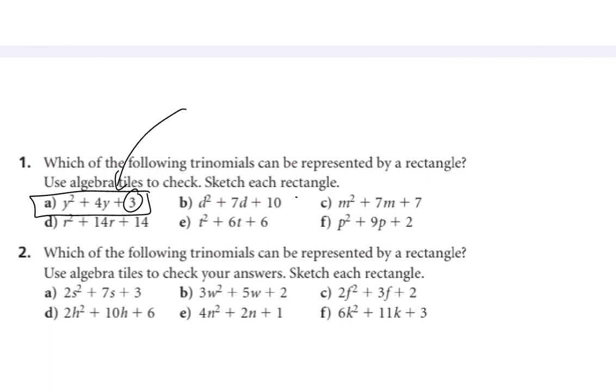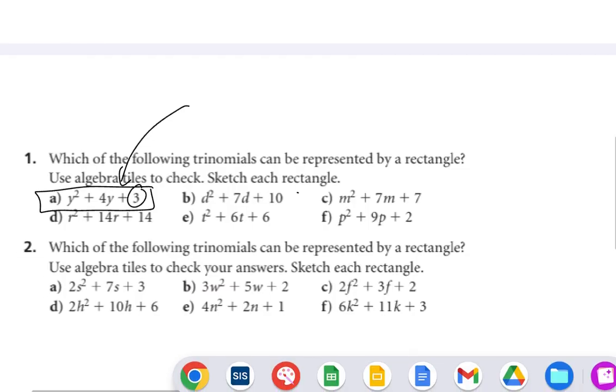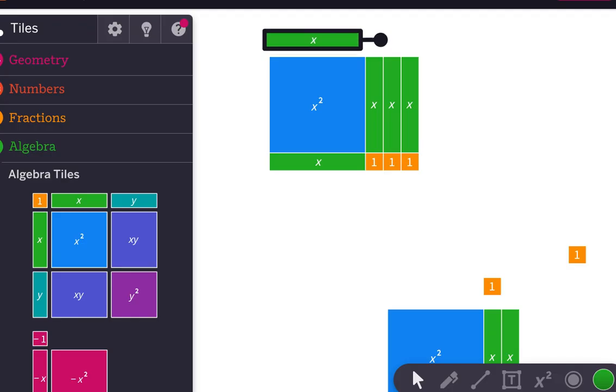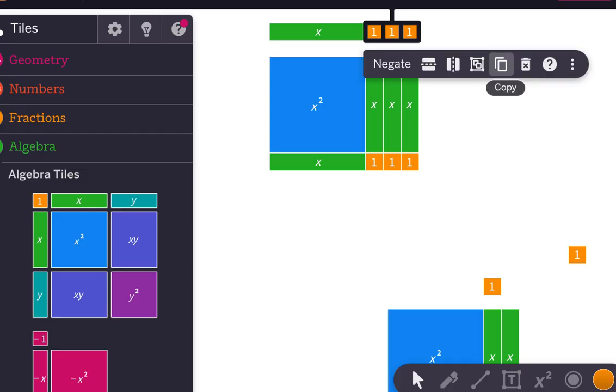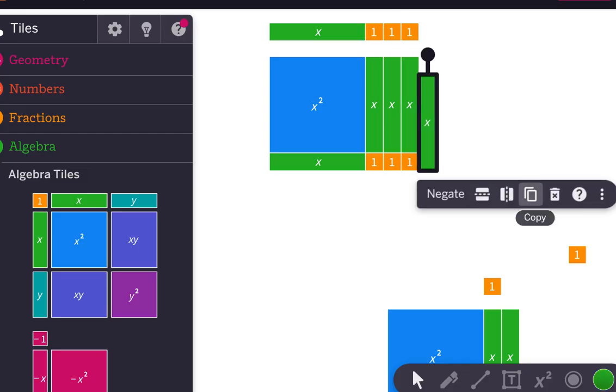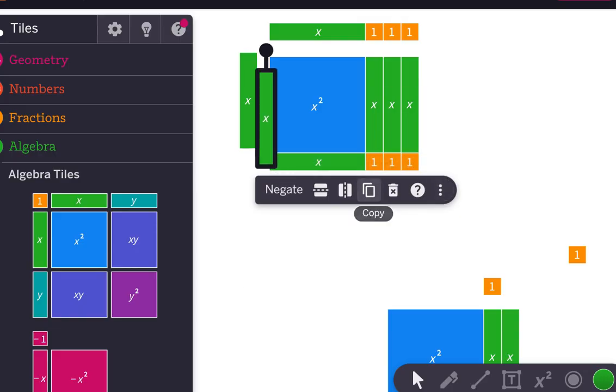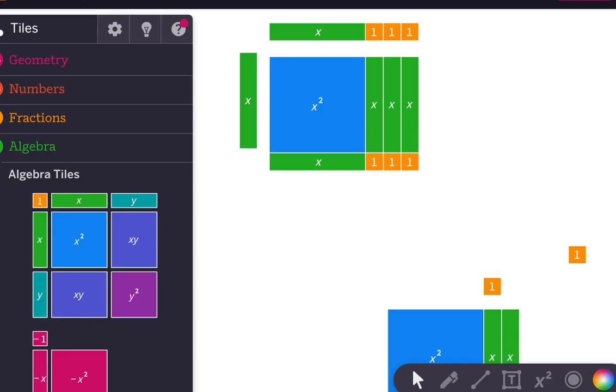And if I can just go one step further with this, I'm going to say that y squared plus 4y plus 3 is going to be x plus 3 times x plus 1.